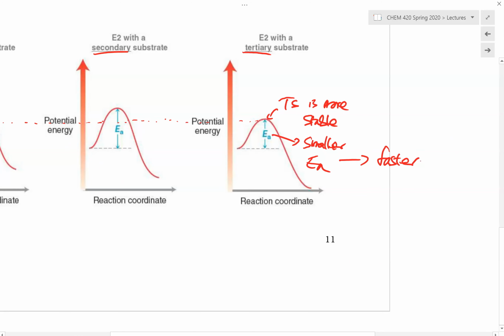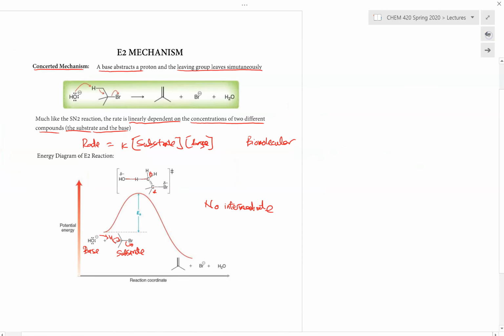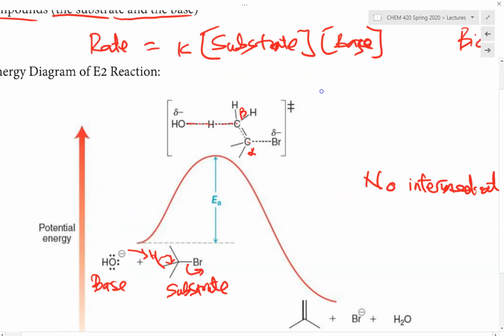The reason why the tertiary substrate has a more stable transition state is as follows. If we go back and review the previous energy diagram, here's what happened in the transition state, and the difference between the different substrates would be the amount of substitution on this carbon.